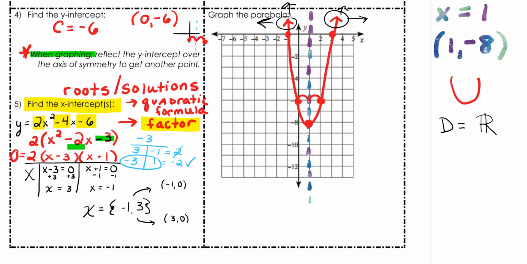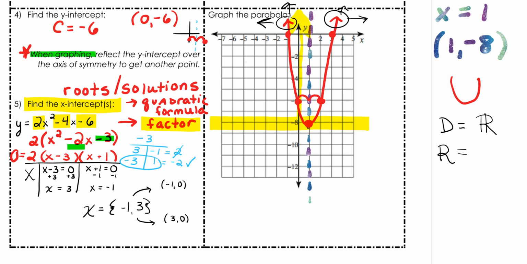Now your range is your y values. Now looking at this graph, we have a minimum. The very minimum that you have here is at negative 8 on your y-axis. So negative 8 is the lowest that your y value is going to be. But notice that the graph continues going up.